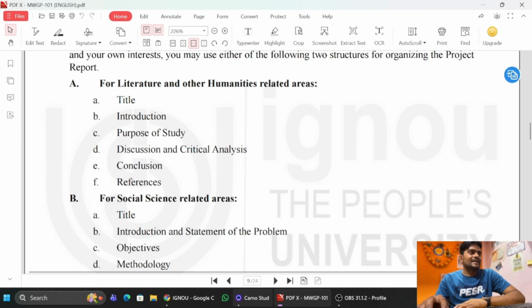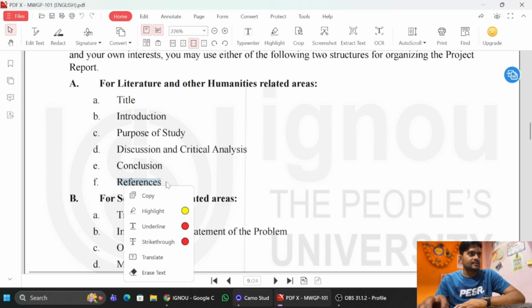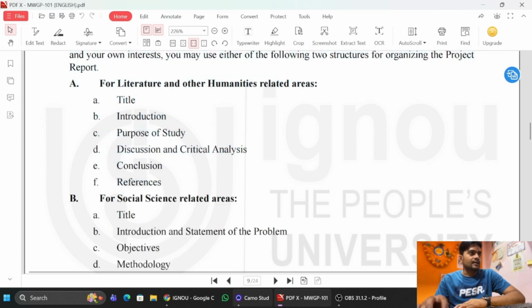You have to mention title, and then introduction, then purpose of the study, then discussion and critical analysis, then conclusion. And then at last you have to write the references. So these are the content.